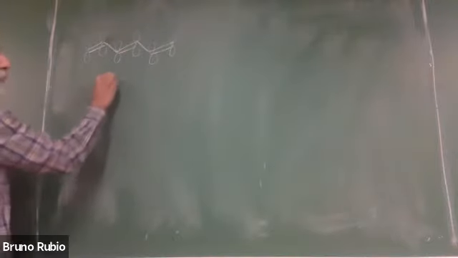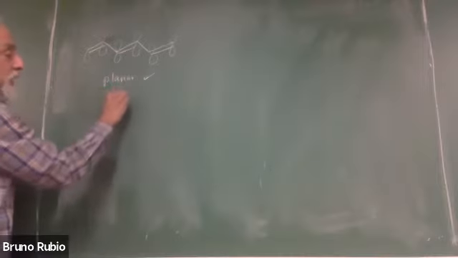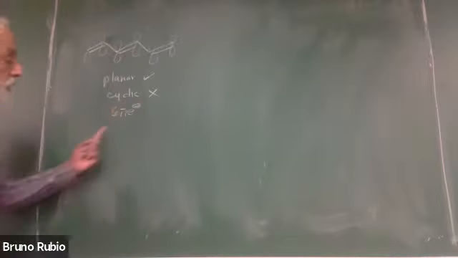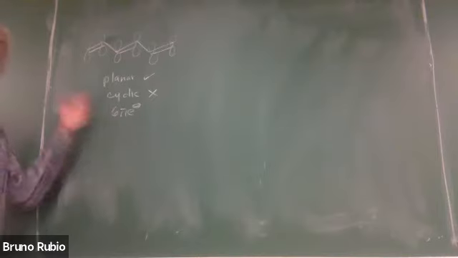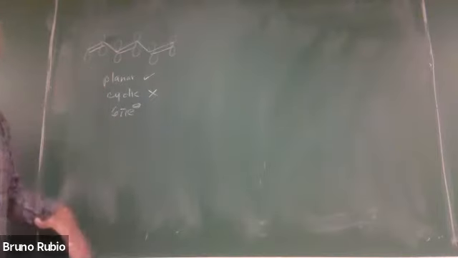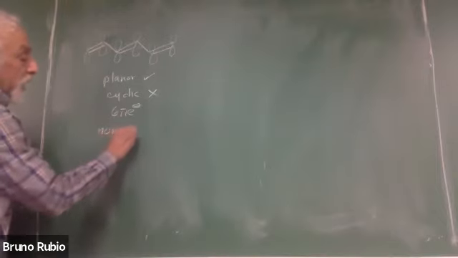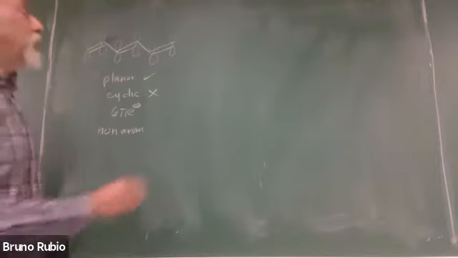Check. Is it cyclic? No. How many pi electrons are there? 6 pi electrons. So that's an aromatic magic number, but this molecule isn't aromatic because it's not cyclic. So this is non-aromatic. Yes? Okay, so let's try another one.